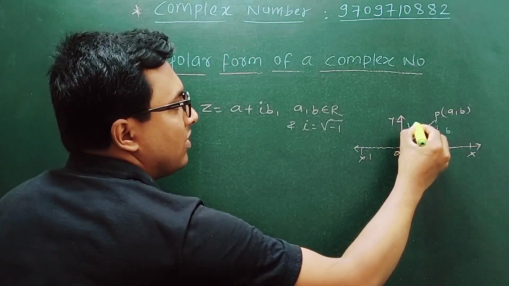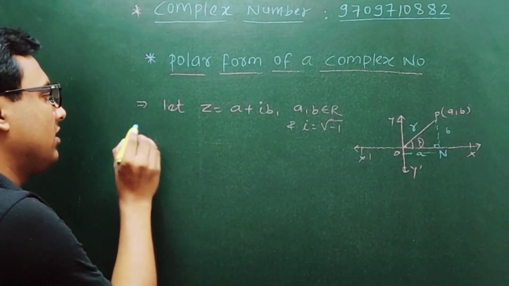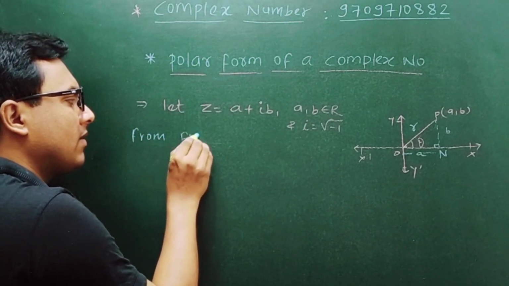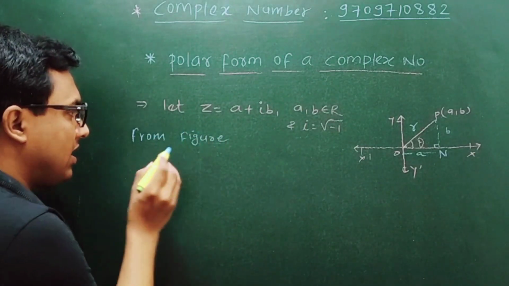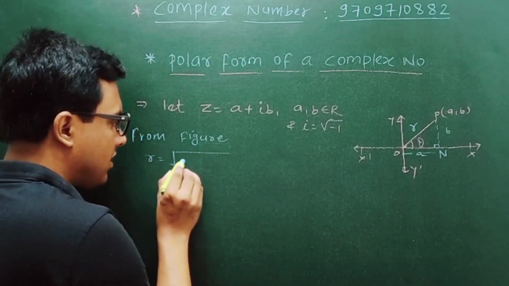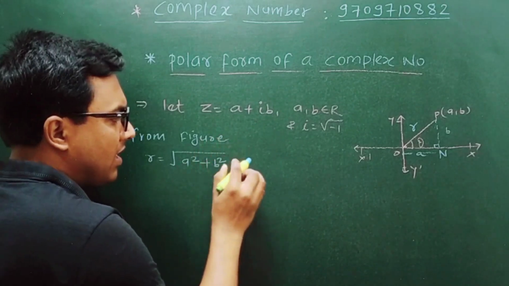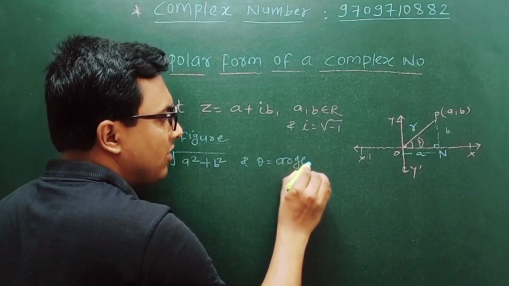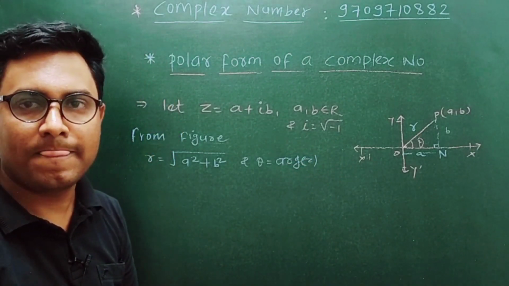OP represents the modulus of z. We write this as r. From the figure, r is equal to root under a square plus b square, and theta is equal to the argument of z. We take the principal argument of z.